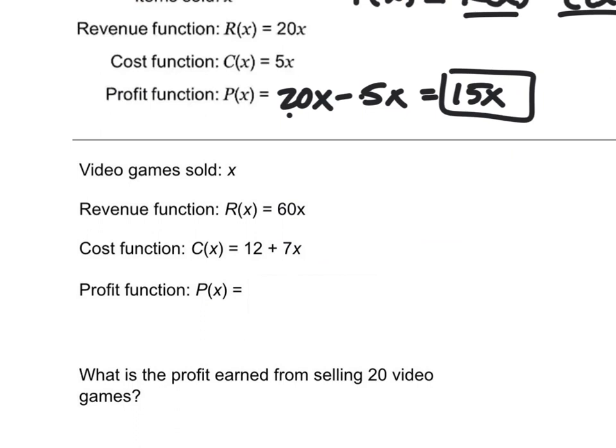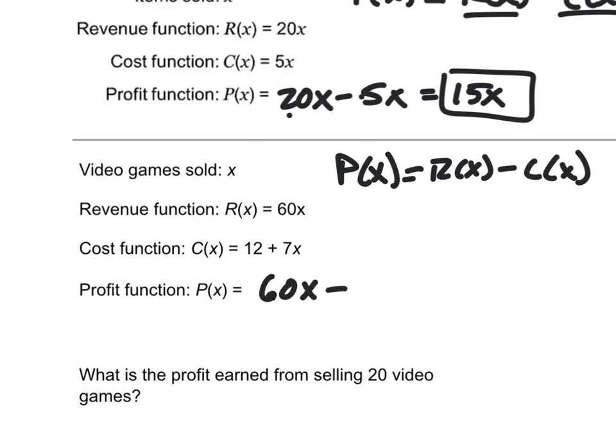On this next question, it's asking us about video games sold, and we have a revenue and a cost function involved, and we want to find our profit. So remember that profit, P of x, is equal to R of x minus C of x, revenue minus cost. So to get our profit function, we're really just going to do 60x minus the quantity.